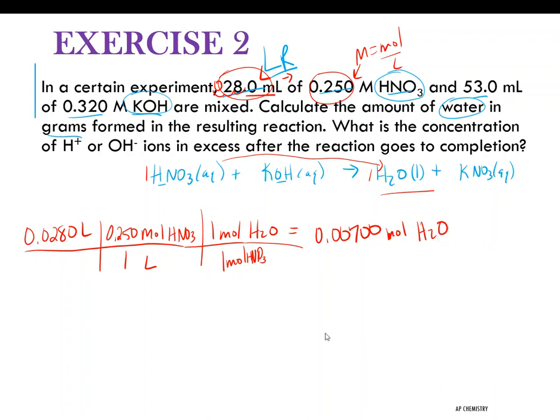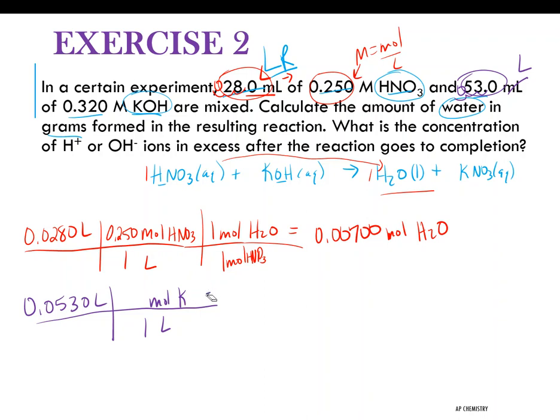Purple. Let's do purple. All right, so we have 53 milliliters. Once again, move it over 1, 2, 3. Change that to liters. I'm going to get to the grams in just a second. You can go directly to grams if you want to, but I'm going to show you here. Going to moles, diagonal down your liters. 1 liter goes to 1 mole of the KOH here. Oops, not KOOH.